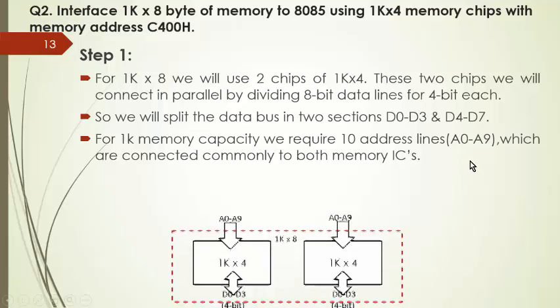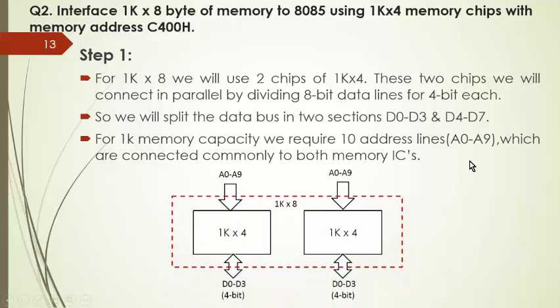That is 4 bits each. For 1 kilobyte of memory capacity we require 10 address lines, A0 to A9, which are connected commonly to both memory ICs, because the memory capacity is 1 kilobyte.